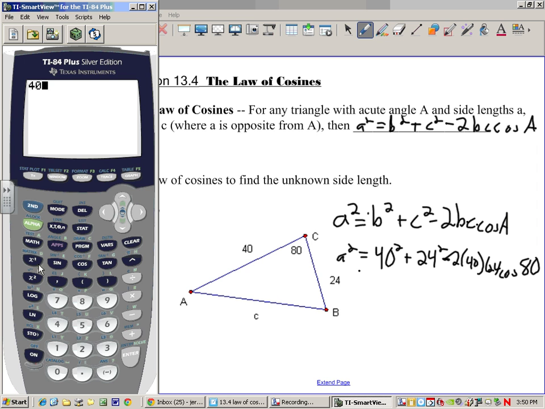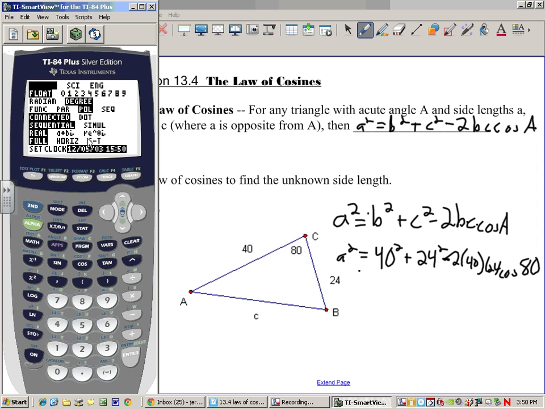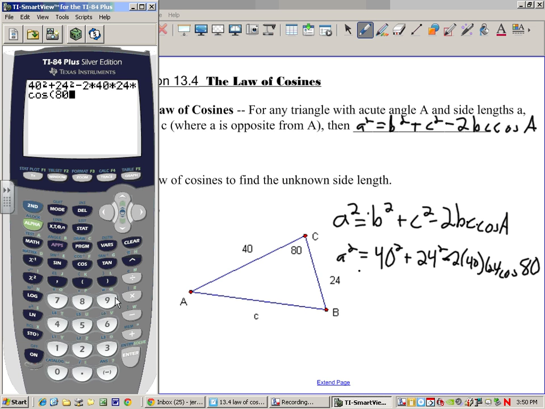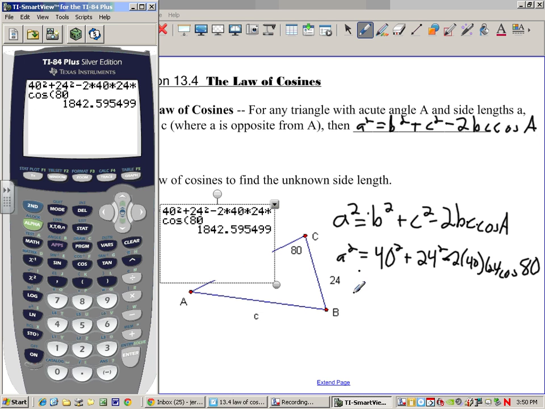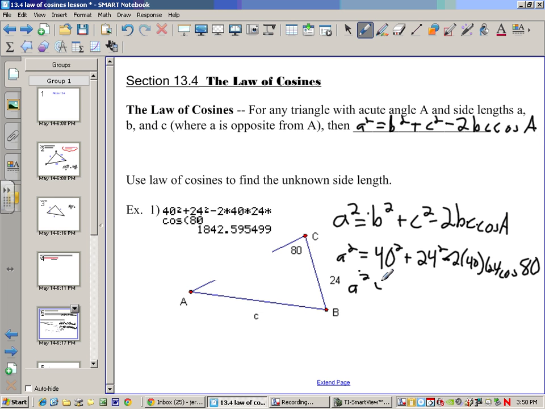I'd type in 40 squared plus 24 squared minus 2 times 40 times 24 times the cosine of 80. Now make sure your calculator is in degree mode, and if I do that, a squared is going to be 1842.6.